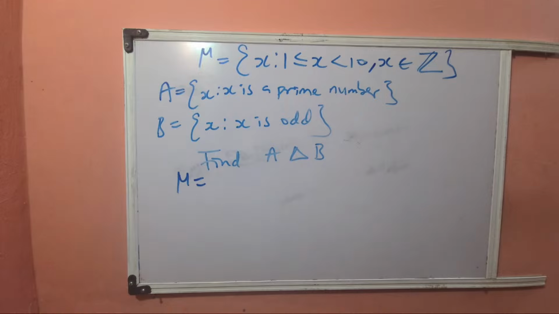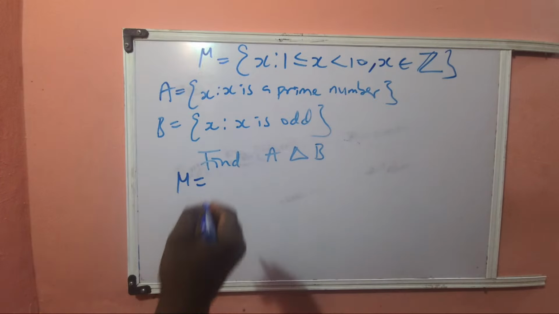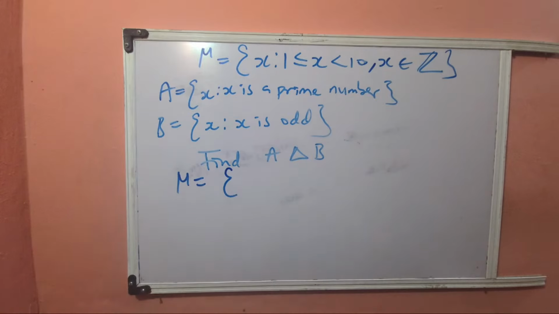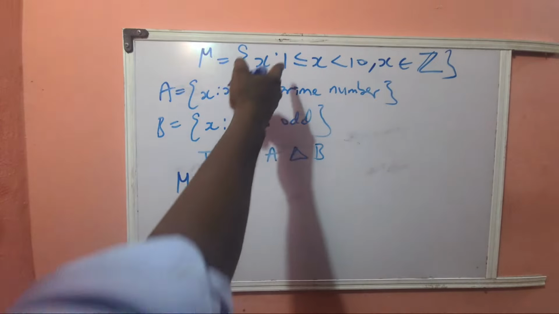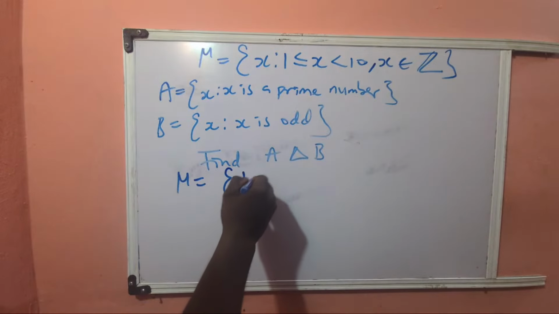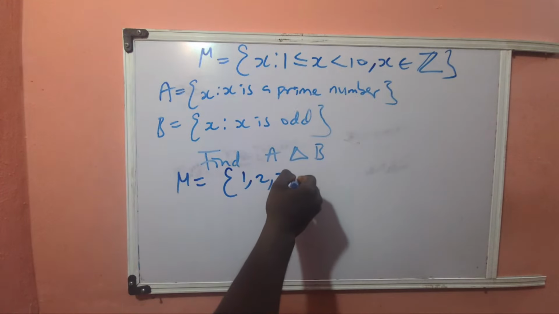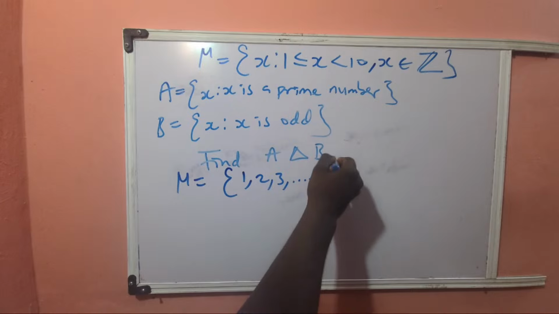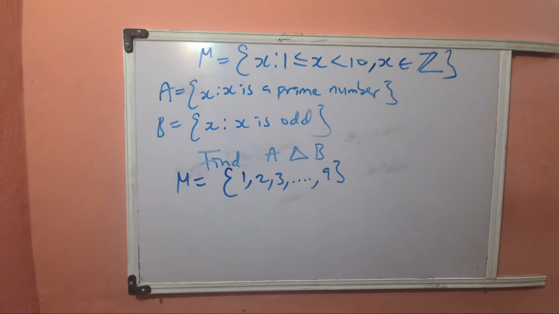So let's try and bring out values that are here. We have 1, 2, 3, on and on, we end at 9. Somebody says, why don't I include 10? Because they didn't tell me it was equal to 10.